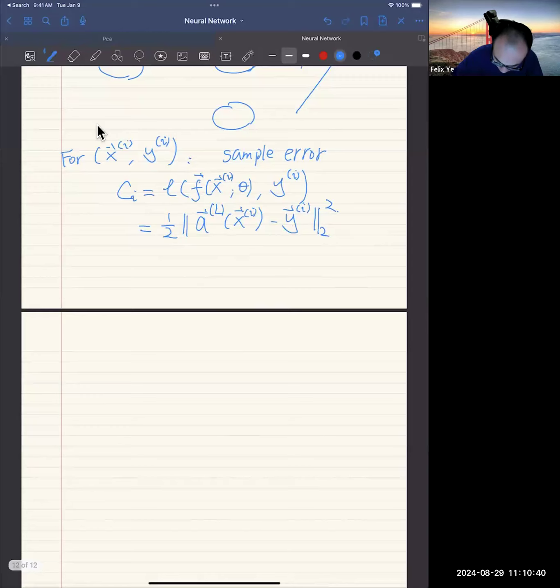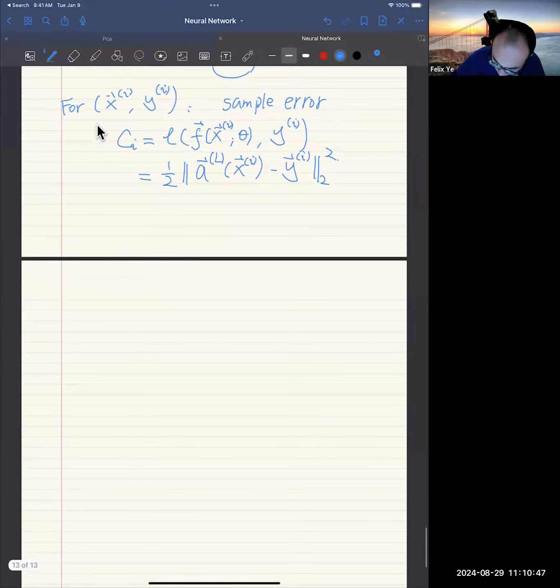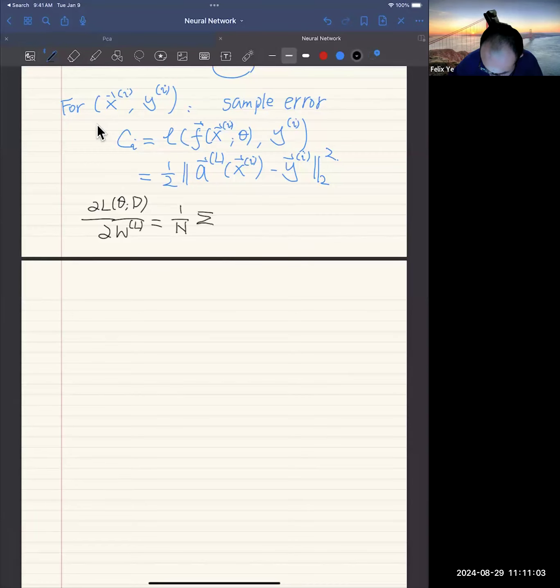If we want to solve for the total gradient, partial L over partial W^L, we can just use the derivative of each individual error, partial C_i over partial W^L, and similarly partial C_i over partial b^L.